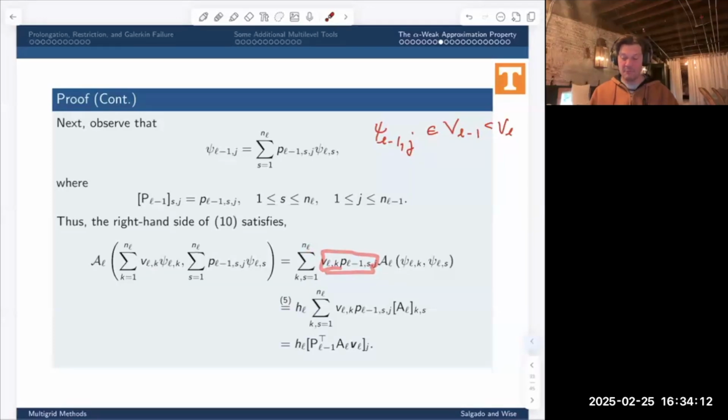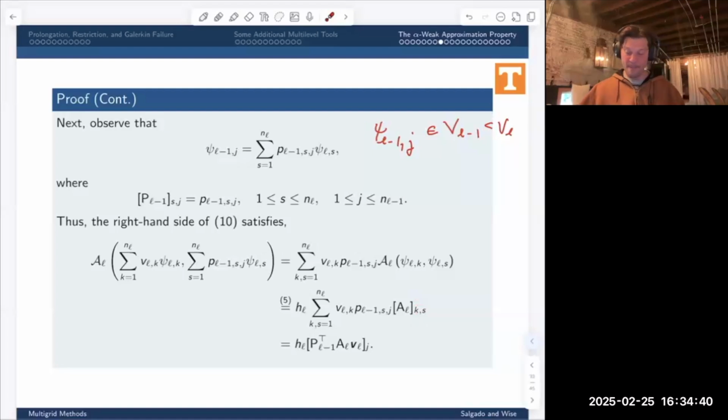Then what we have remaining is just this object. Again, this is related to a little property that we showed before. This is just going to be HL times the ks coordinates of the matrix AL, in other words, the element in the kth row and sth column of AL. And again, I can interchange those two things because this matrix is, of course, symmetric.